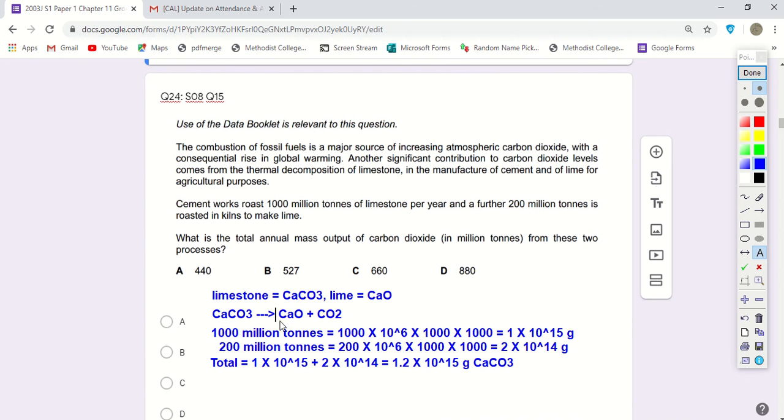Right, from this equation, you know 1 mole of calcium carbonate roasted gives you 1 mole of carbon dioxide. So let's find the number of mole of calcium carbonate. So this many gram of calcium carbonate is how many mole? So 1.2 times 10 to the power of 15, let's divide by the molar mass of calcium carbonate.